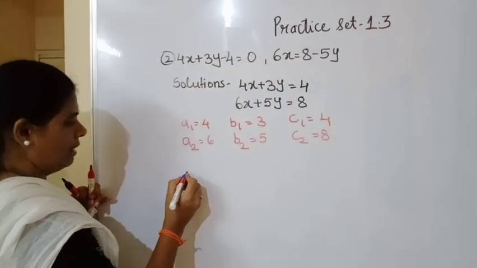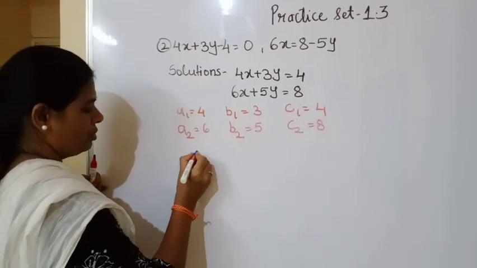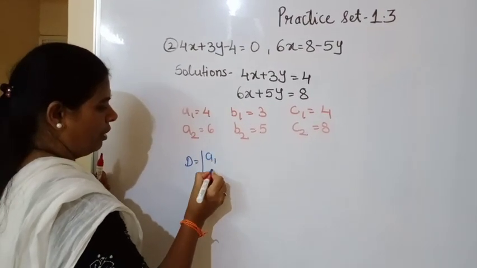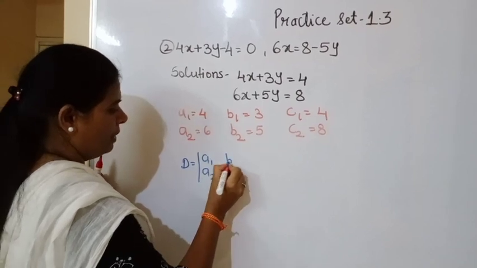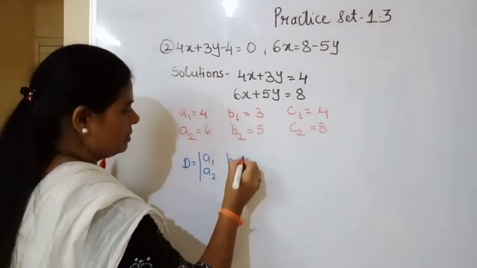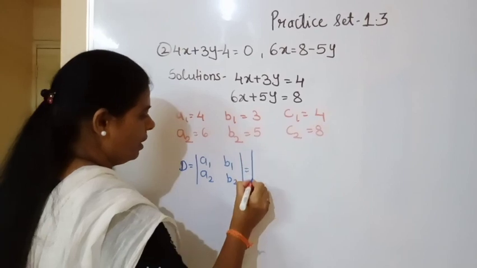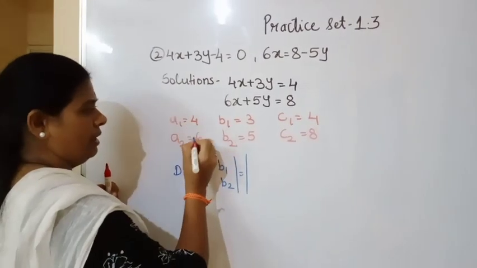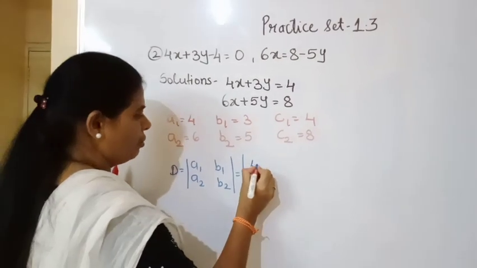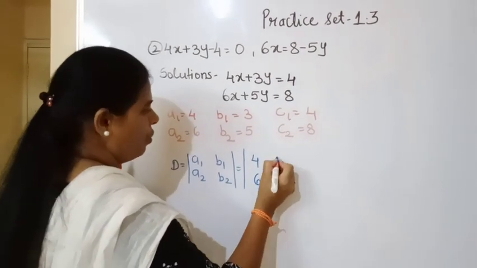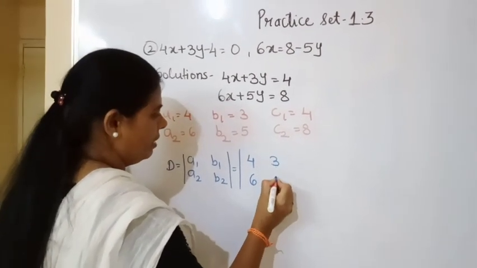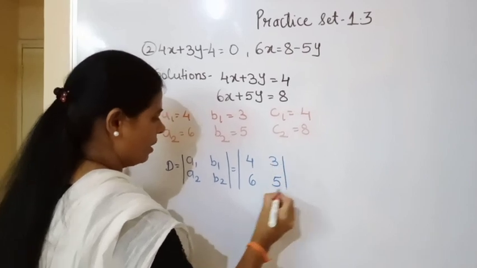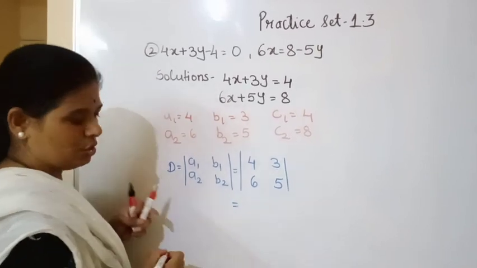Now we will find the value of d. So d equal to a1, a2, b1, b2. We will substitute the values of a1, a2 and b1, b2. You have to write as it is: 4, 6, 3 and 5. After that we have to cross multiply.